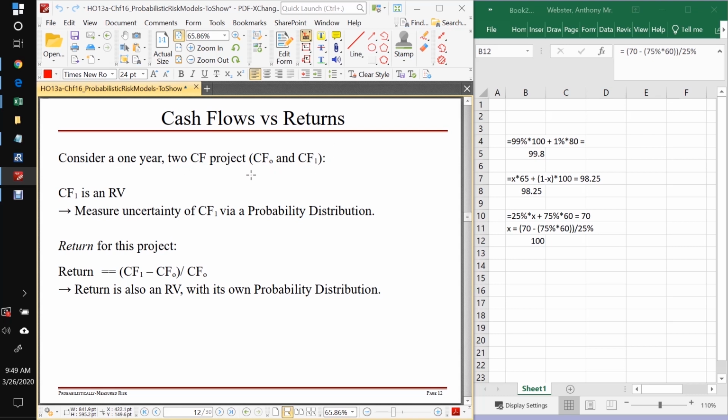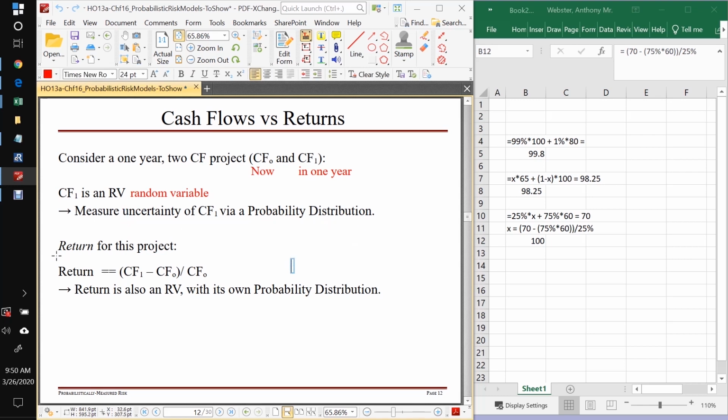Cash flow 0 is, as always, now, and cash flow 1 is going to be in 1 year. So cash flow 1 is clearly a random variable. It's measuring the uncertainty of cash flow 1. We want to measure that uncertainty of cash flow 1 via a probability distribution.